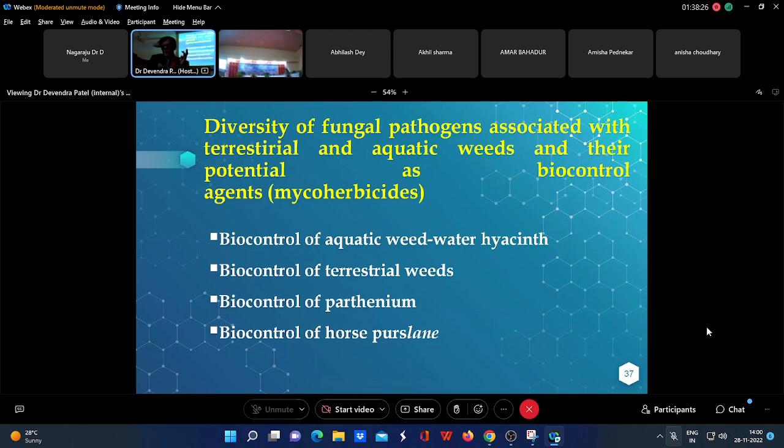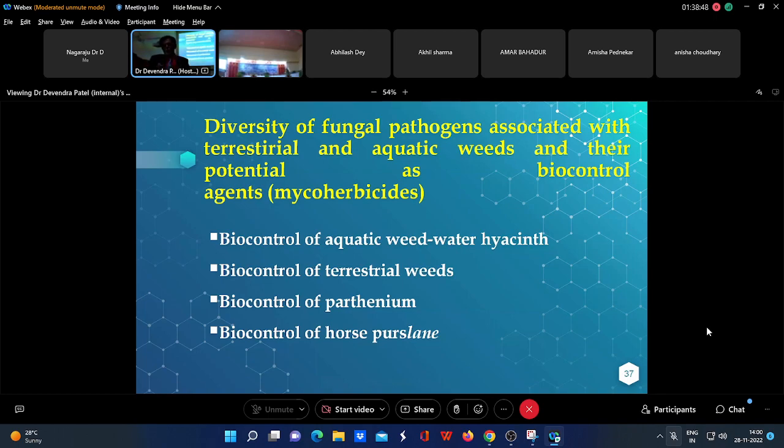I also worked on this, as far as the biological control of three important weeds is concerned. One is water hyacinth, another is Trianthema, and third is Parthenium. I had four projects from different funding agencies, two from the UGC, one from the Department of Environment, and one from the ODA UK.